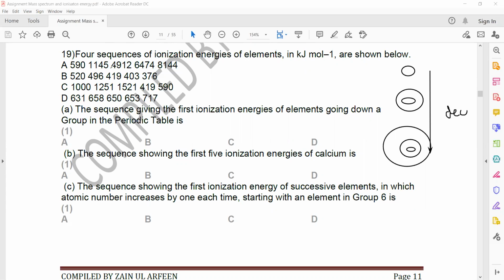590, then 1145, then 490, 4912, 6400, and 8144. So what is happening? In this case, ionization energy is increasing. So this cannot be, because as we go down the group, the size increases, and if the size increases, the ionization energy should decrease.